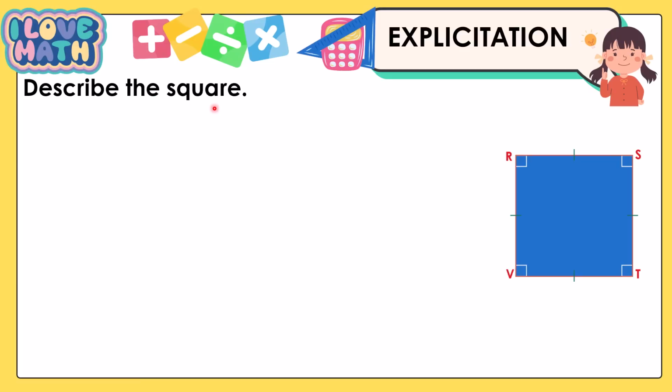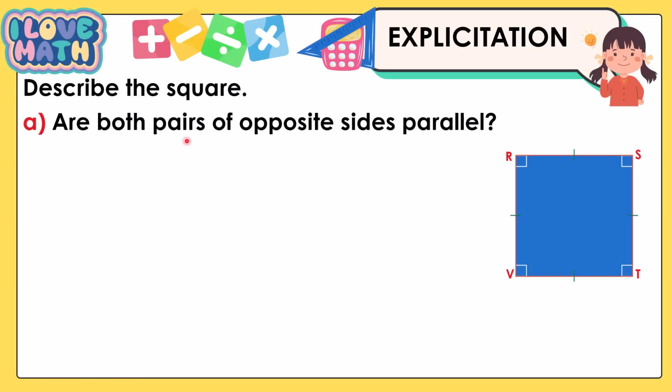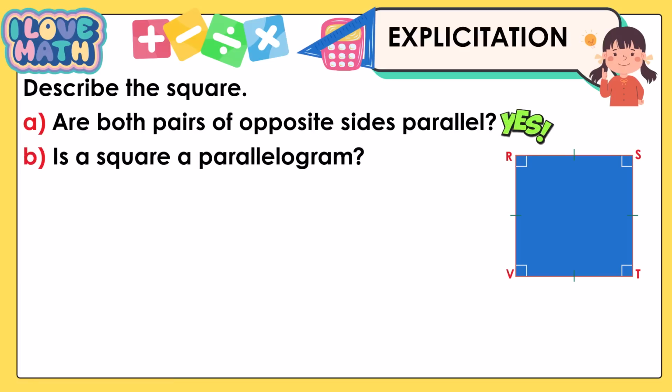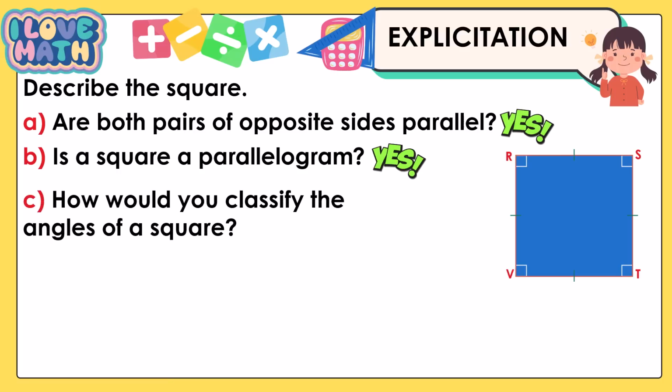Describe the square. A. Are both pairs of opposite sides parallel? The answer is yes. B. Is a square a parallelogram? The answer is yes. C. How would you classify the angles of a square?